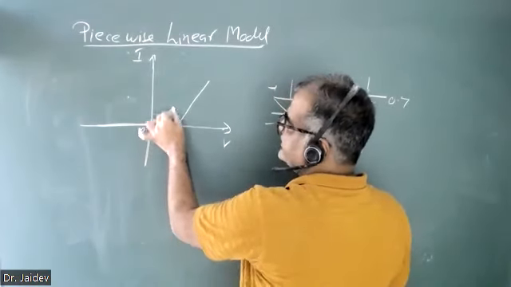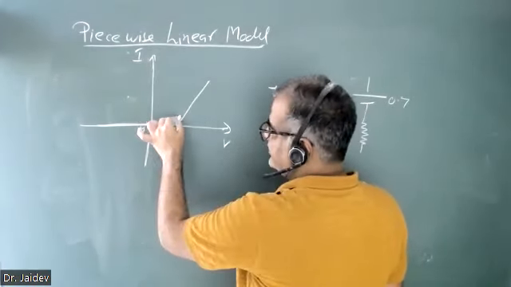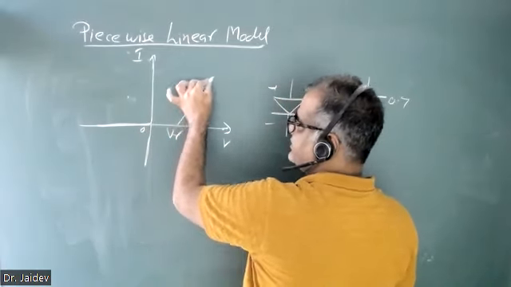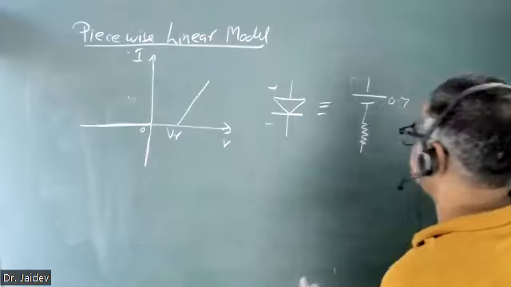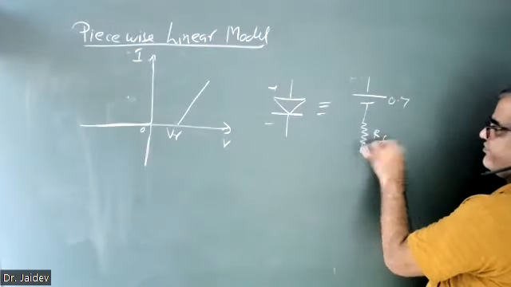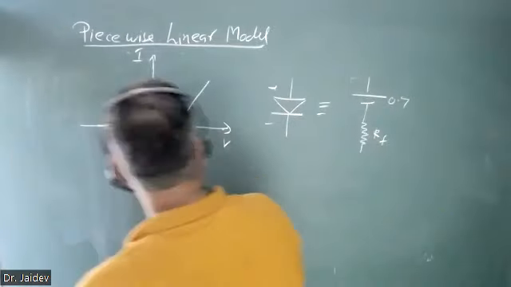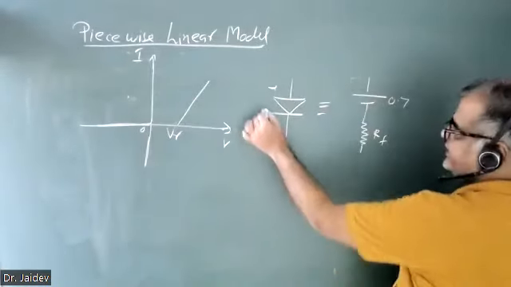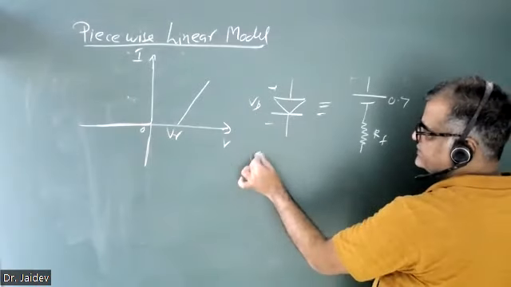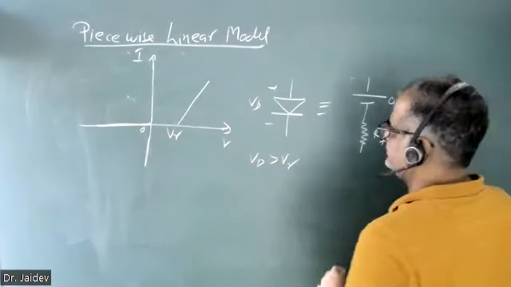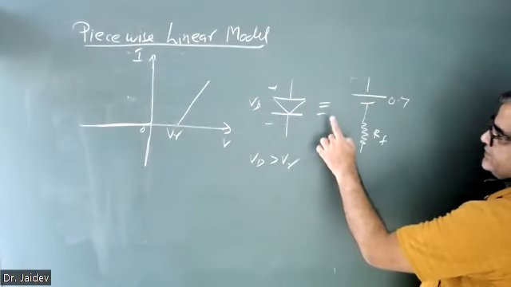So the current was suddenly increasing. Now it has some resistance, so the current increases like this. The resistance is RF, the forward resistance. If VD is greater than the cutoff voltage, then this is the case.